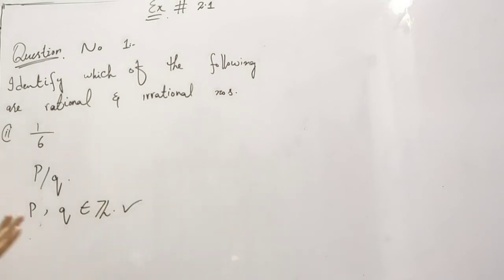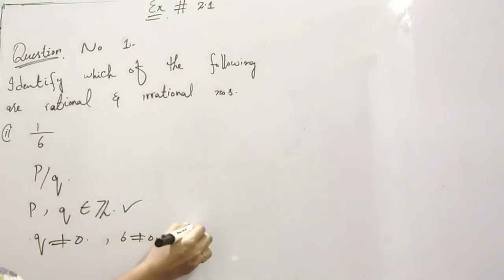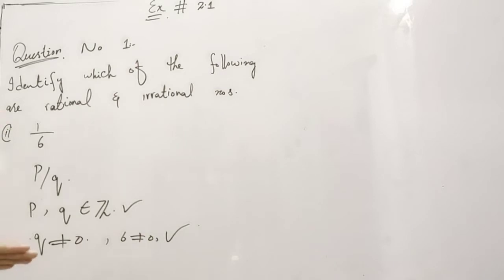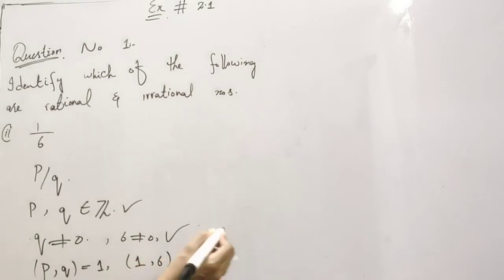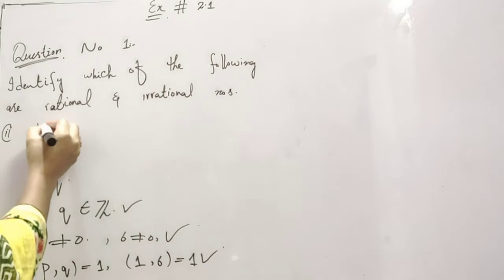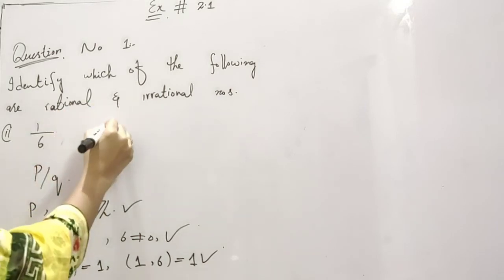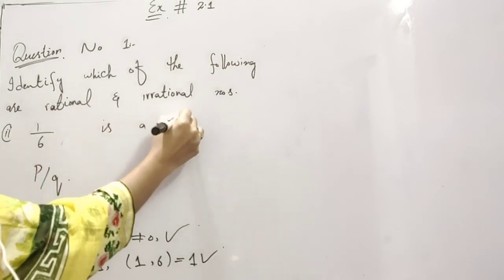So the first condition is satisfied, and the second condition is that q is not equal to 0. Here q is equal to 6 and 6 is not equal to 0, so the second condition is also true. And the third condition was that the GCD of p and q should be 1. So we can say that the GCD of 1 and 6 is equal to 1. So the third condition is also satisfied. So we can say that 1 by 6 is a rational number.